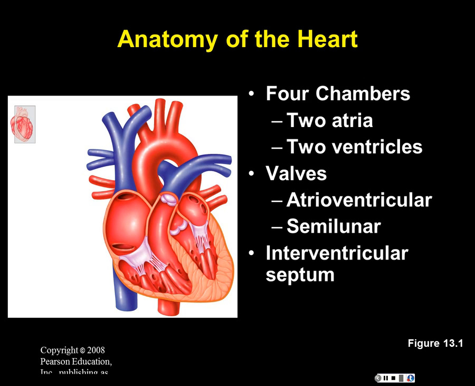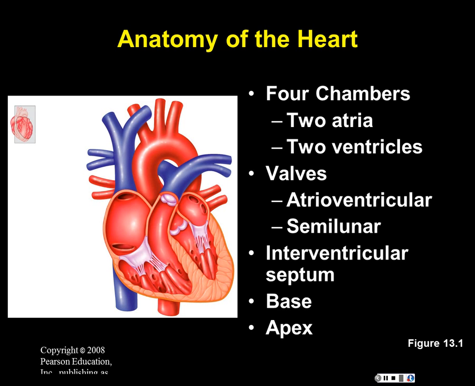There's also a big hunk of muscle between the ventricles to keep their blood content separate. It's called the interventricular septum. It's between the ventricles, and it also contracts. The base of the heart is described as the flat portion, and the end is called the what?